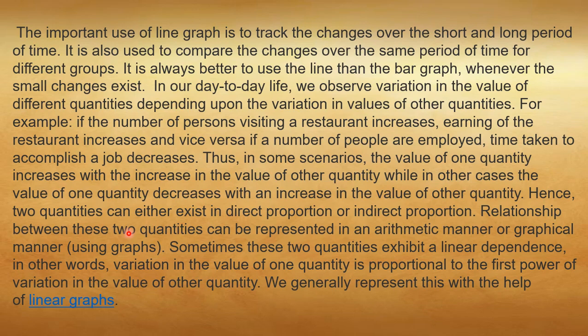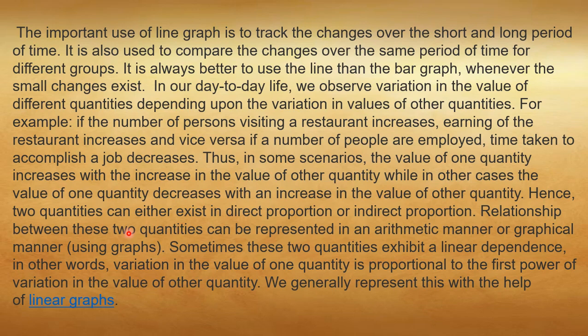So, this relationship, when the changes happen directly or indirectly, between these quantities can be represented in a graphical manner. That graphical manner is known as the linear graph. So, the two quantities sometimes exhibit a linear dependency.